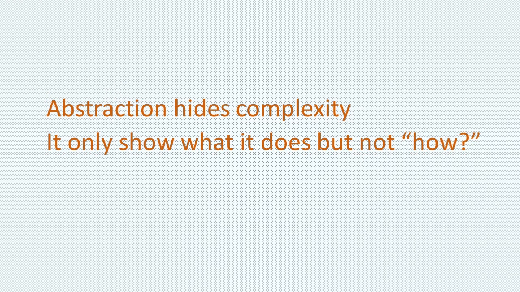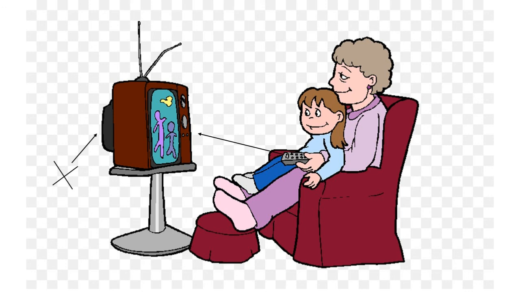Abstraction is a concept that hides the complexity: what it does, but not how it is done. The internal complexity is hidden, and only what it does is displayed. Here, one example is a television set. We know how to turn it on, how to change channels, how to increase or decrease volume.